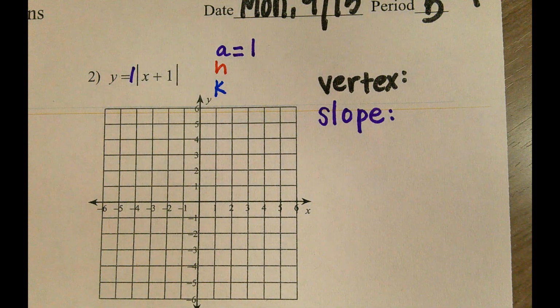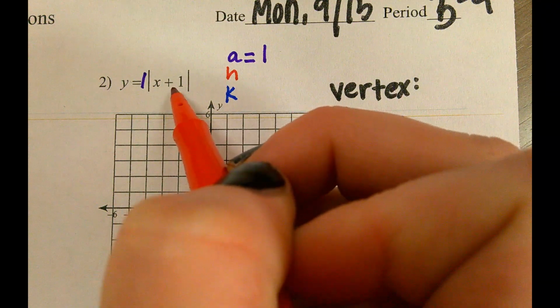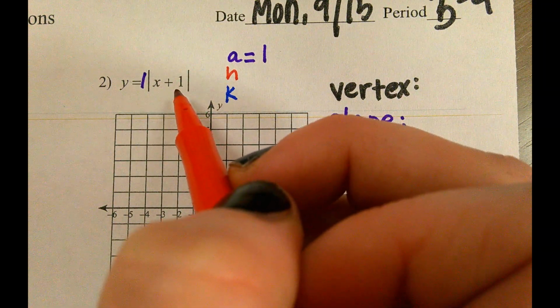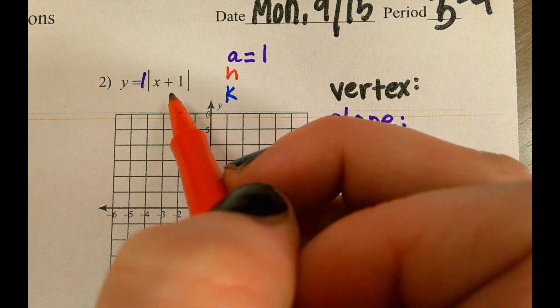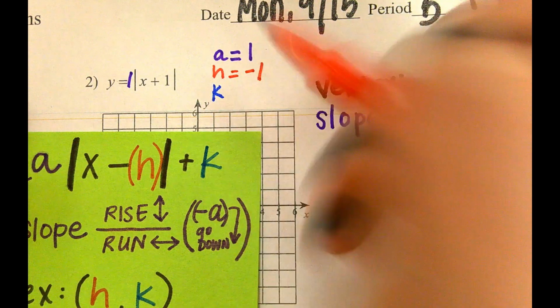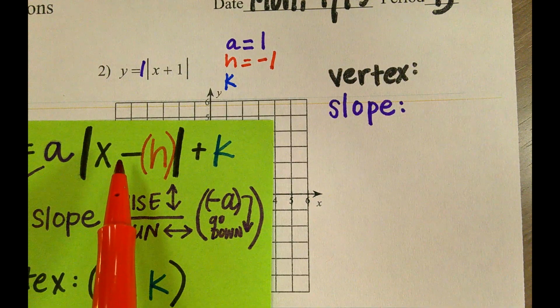Okay, so I know A is 1. Tricky question. What's H? It's negative 1. Why is it negative 1? Because it's a positive. H is tricky. Because remember, the original formula has x minus h.